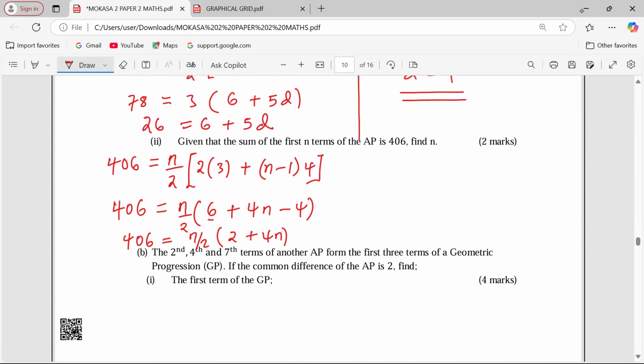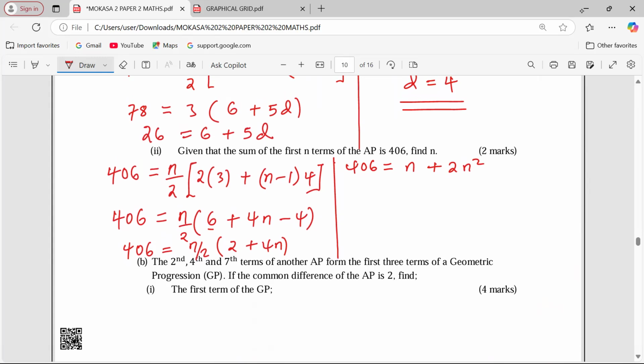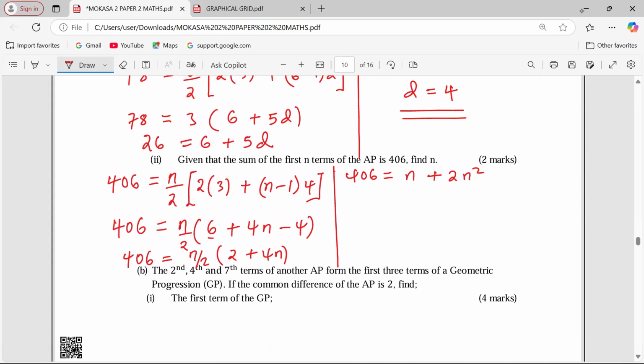Opening brackets, this is n over 2 times 2, we get n, then n over 2 by 4n: 2 will cancel, and 4 divided by 2 gives 2, so n becomes squared. You see now? We are having a quadratic equation here, which is supposed to be solved.